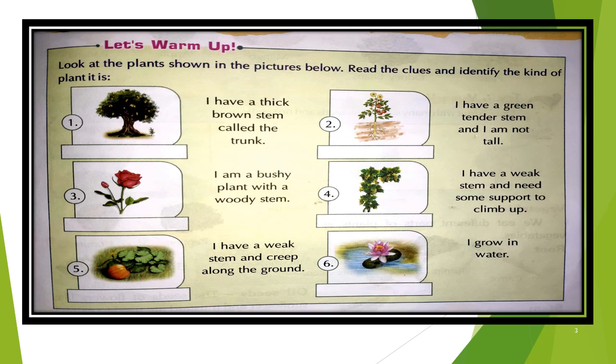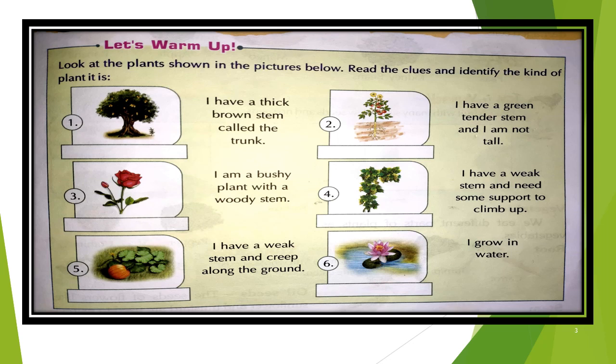Now on the screen you can see the beginning of your chapter, chapter number 6, food we get from plants. There is an exercise of let's warm up, in which you have to read the clues and identify the kinds of the plant it is.